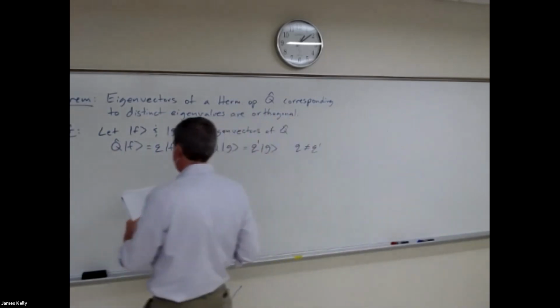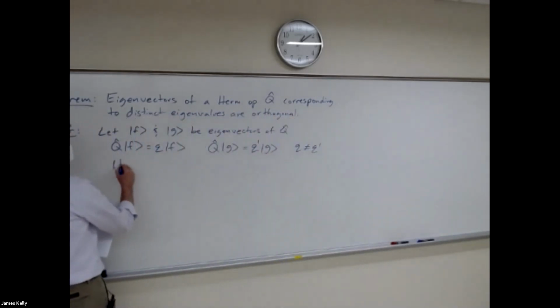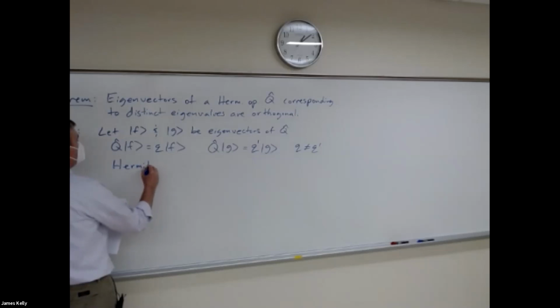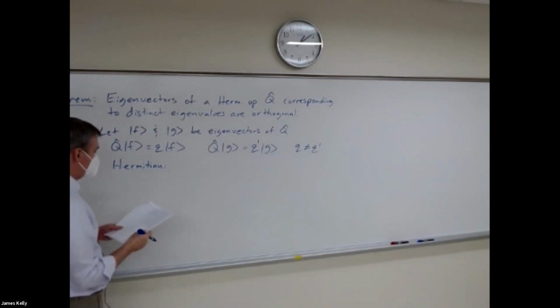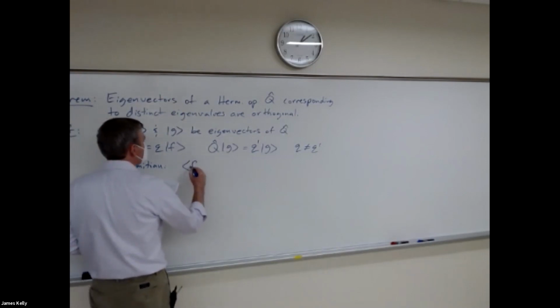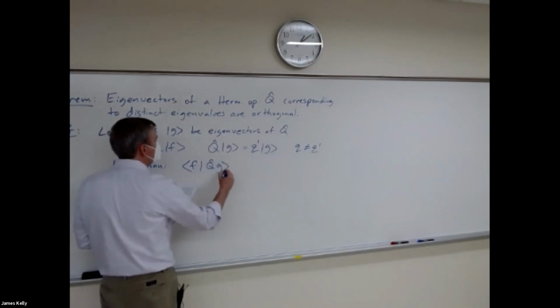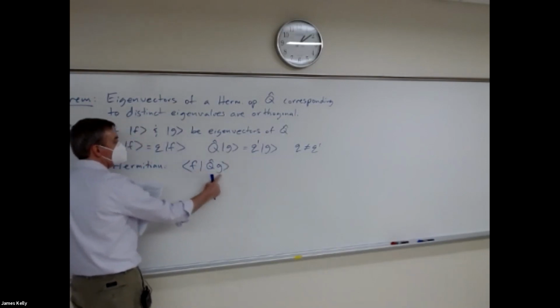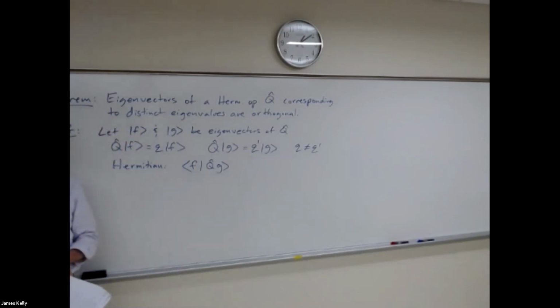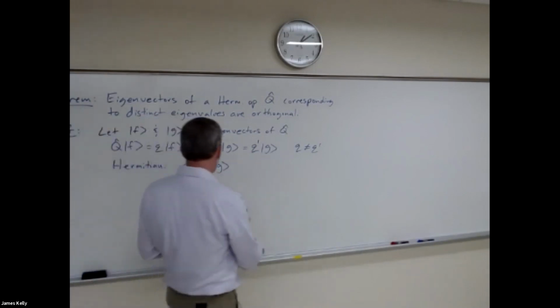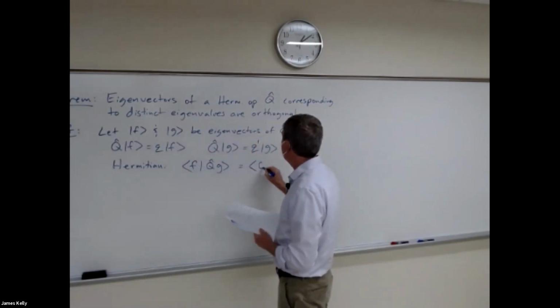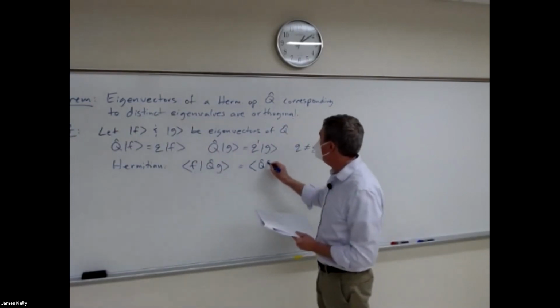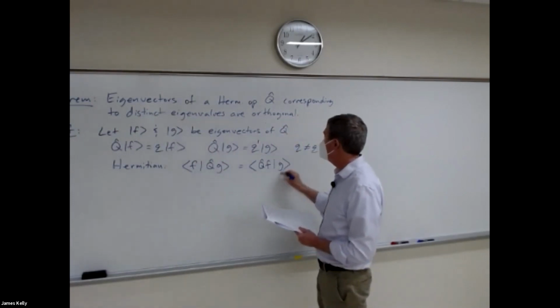Okay, so again, let's start with the assumption that it's Hermitian and use that. This definition of Hermitian is absolutely crucial for this. In this case I'm not going to put the same vector F there, but I'm going to use the two different vectors F and G in an inner product. The assumption that it's Hermitian means that I can put this Q over here without changing it at all in the inner product.